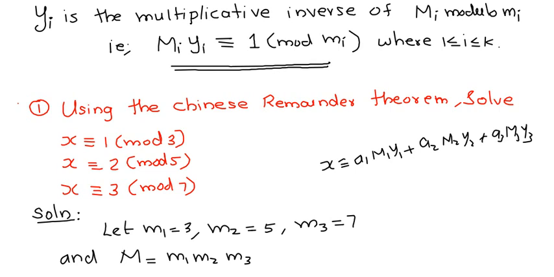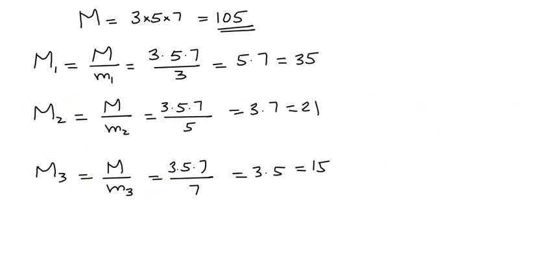Here a1 is 1, a2 is 2, a3 is 3, and capital M1, M2, M3 are 35, 21, 15.